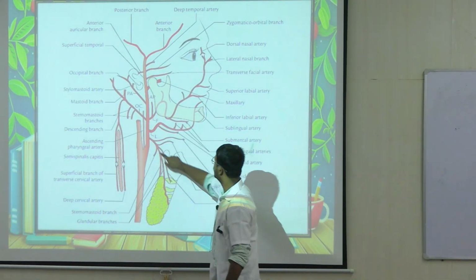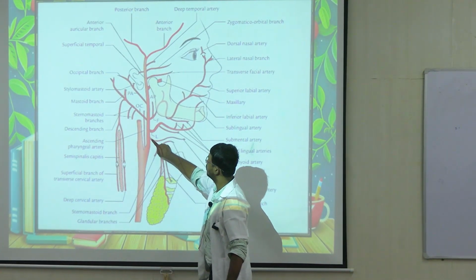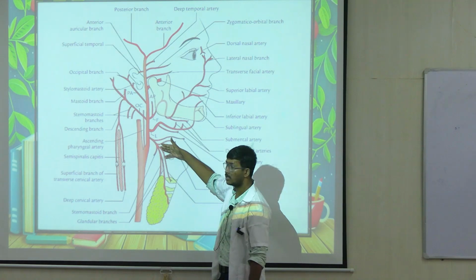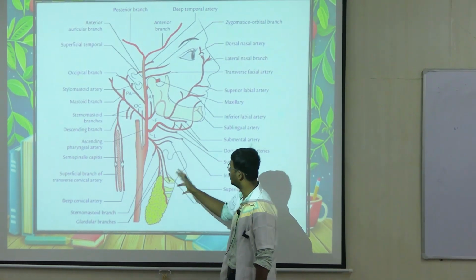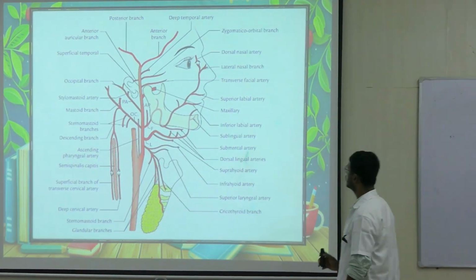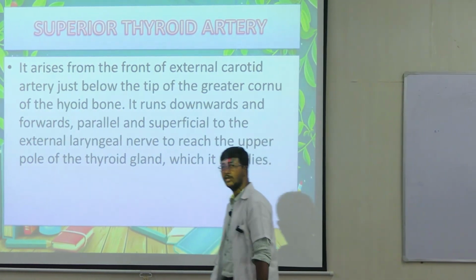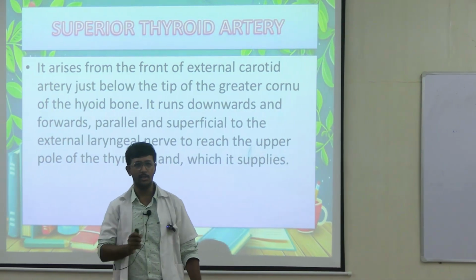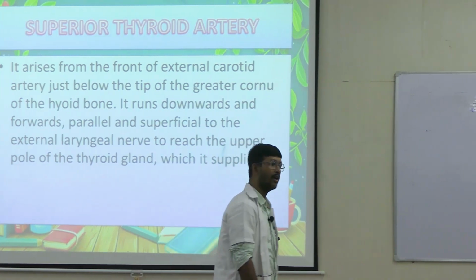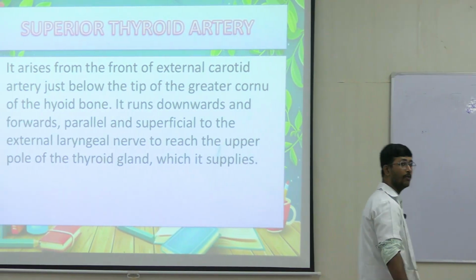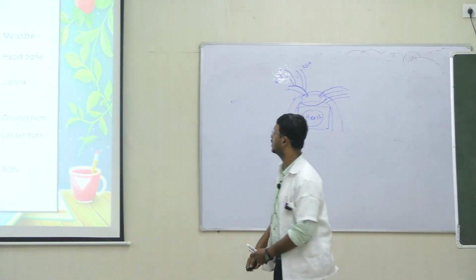This is your superior thyroid artery. It will be going somewhat forward and downward, and laterally. It arises from the front of the external carotid artery, just below the greater cornu of your thyroid bone. So which one is the greater cornu?